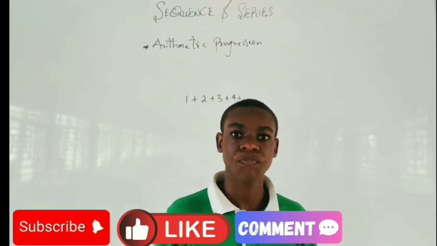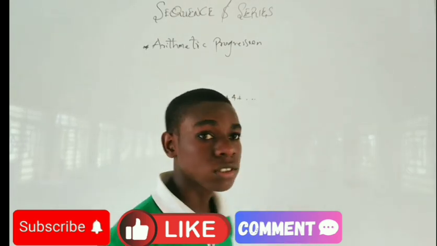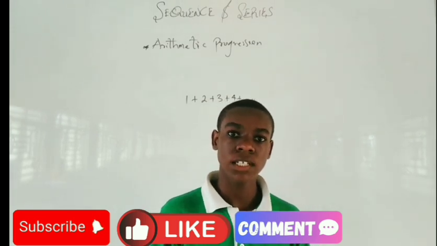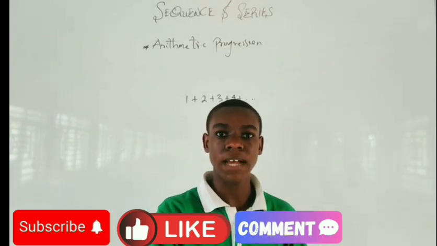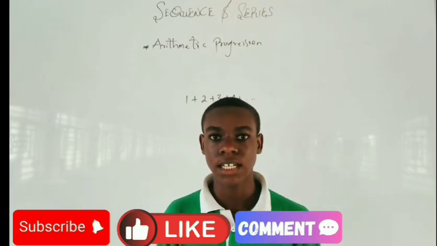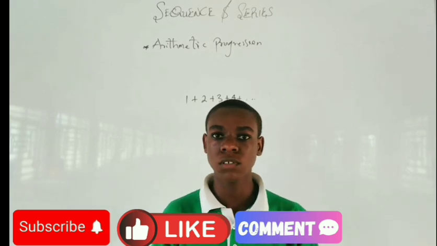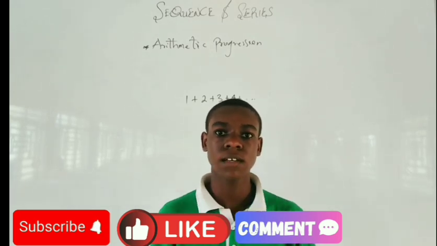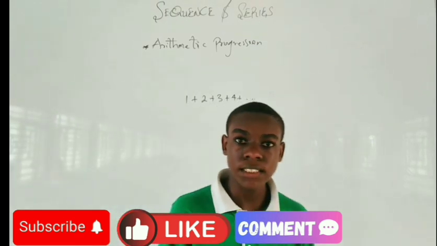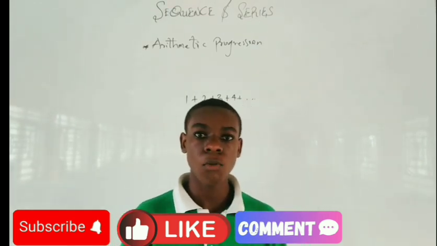So, first of all, what's arithmetic progression? Arithmetic progression is a sequence in which another term is gotten by adding the common difference to the preceding one. That's arithmetic progression.